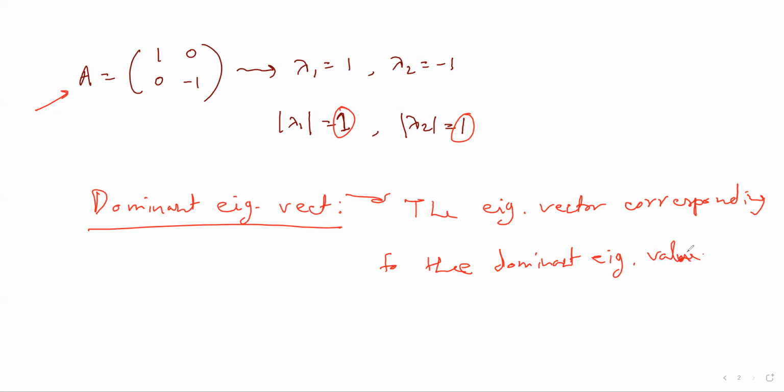There is no such thing as the eigenvector having max magnitude or anything like that. There is no concept of that. It's simply the eigenvector that corresponds to the dominant eigenvalue.